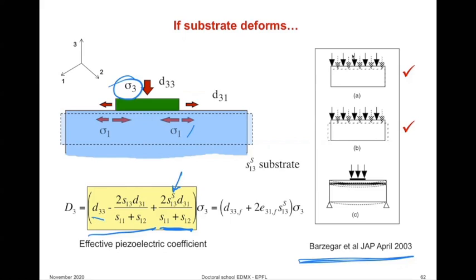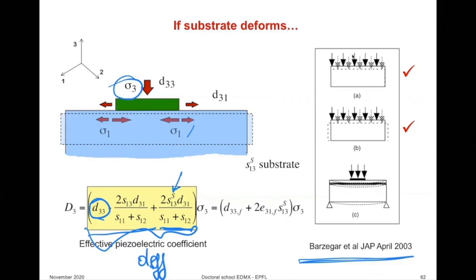So you have one term which is reducing, another term which is increasing the effect of the piezoelectric material. So if you have a substrate that deforms really a lot, you may have that effective piezoelectric coefficient, that's this whole term, effective, okay? That effective piezoelectric coefficient may be many times bigger than the true piezoelectric coefficient of our film.